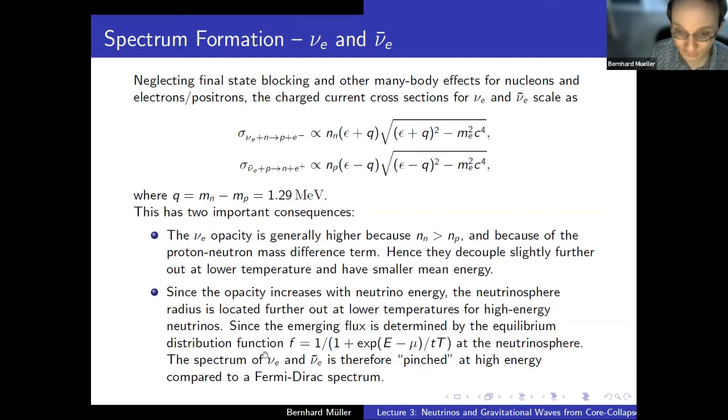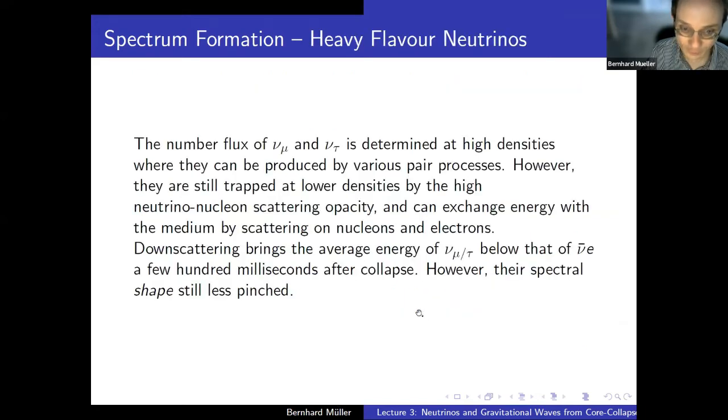Okay, let's proceed. So the spectrum formation of the heavy flavor neutrinos is even more difficult. And you can already guess that because you might think that since the mu and tau neutrinos have the lowest opacity, they do not interact by charged current, they come from higher density, and you would assume from higher temperature.